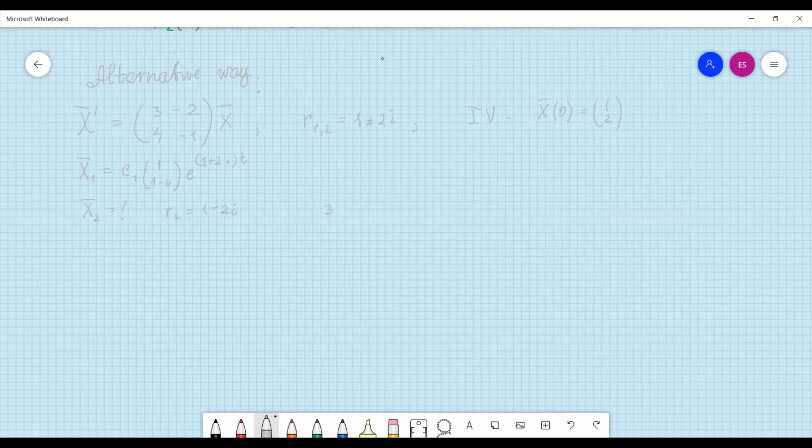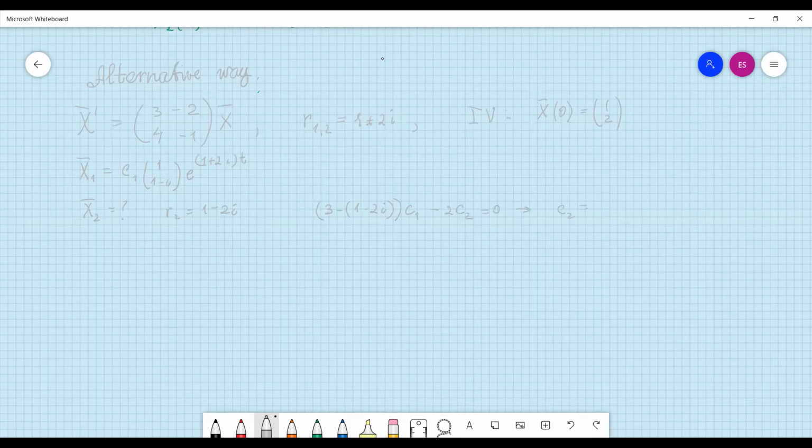So it's 3 minus (1 minus 2i), that's 3 minus r, and I multiply it by c1, minus 2c2. This part of the solution is exactly the same as what we had before, just a different r is plugged in, right? Equals 0.